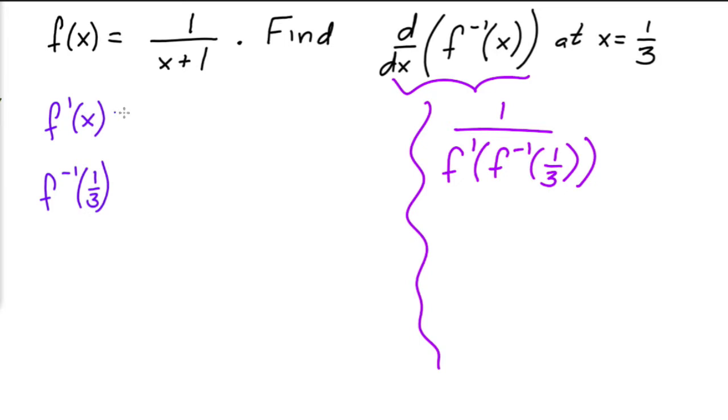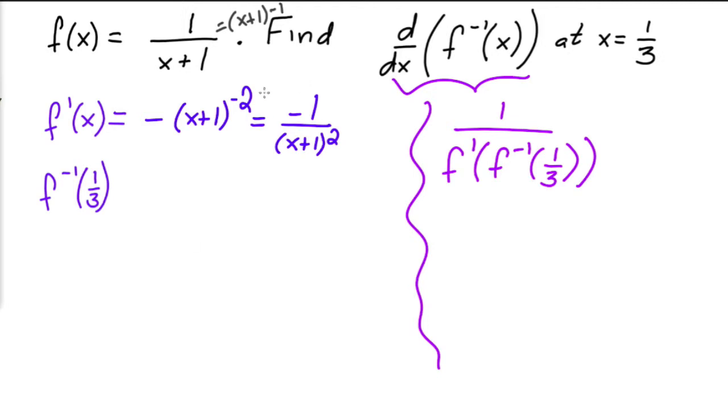So f prime of x, to get the derivative of this guy, the easiest way is to rewrite this as x plus 1 to the negative 1. You can also use the quotient rule, but this is a little bit easier. So I'm going to do the chain rule here, which is going to give me minus x plus 1 to the negative 2, which is negative 1 over x plus 1 squared.